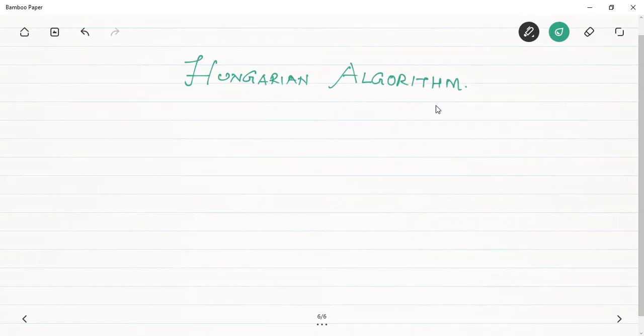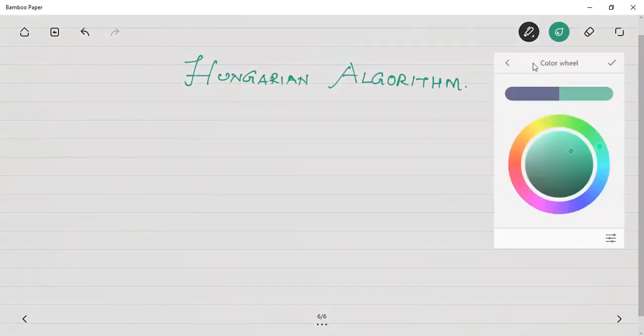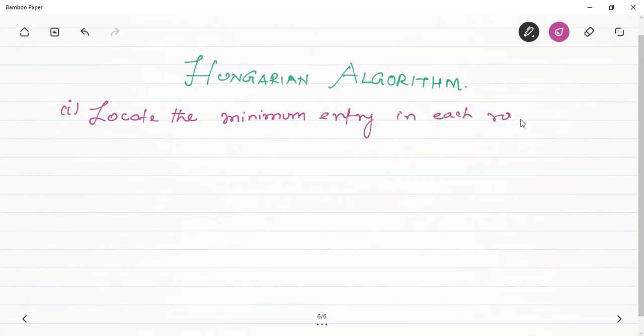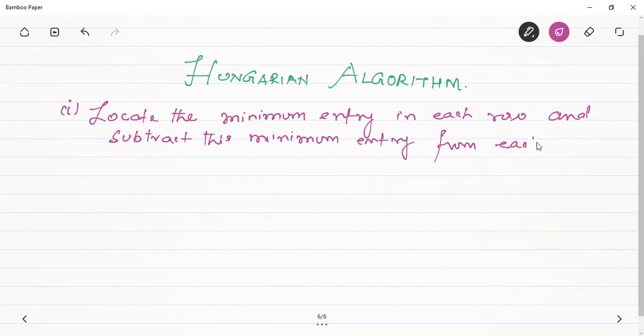Its first step is: locate the minimum entry in each row and subtract this minimum entry from each element of that row.